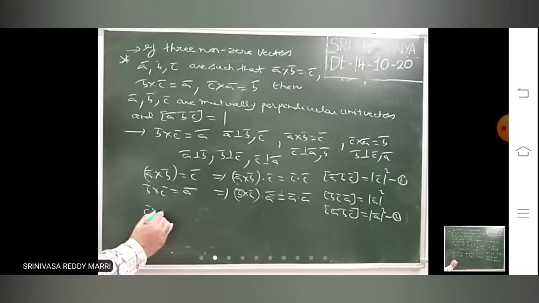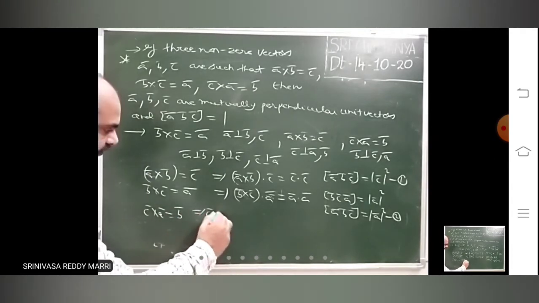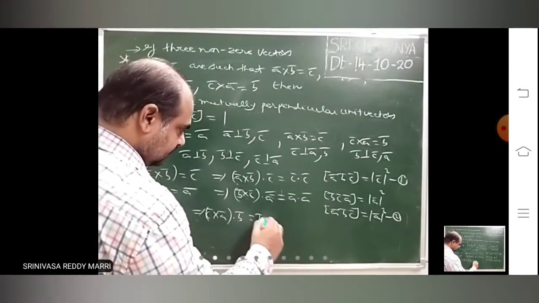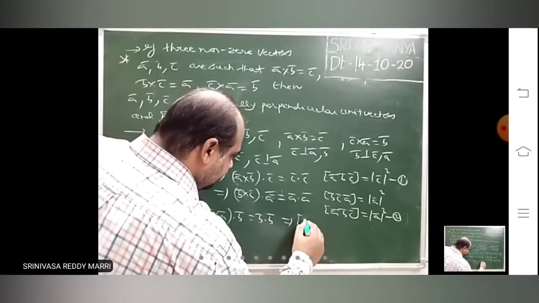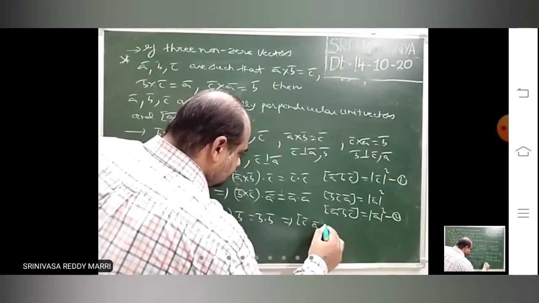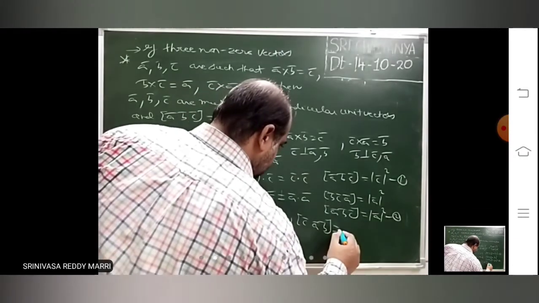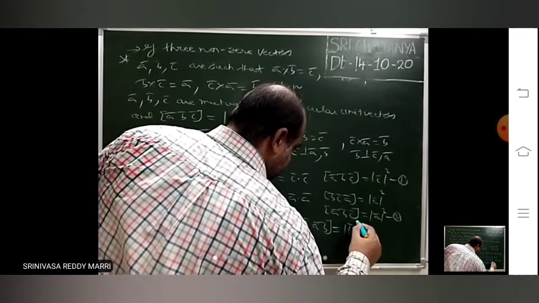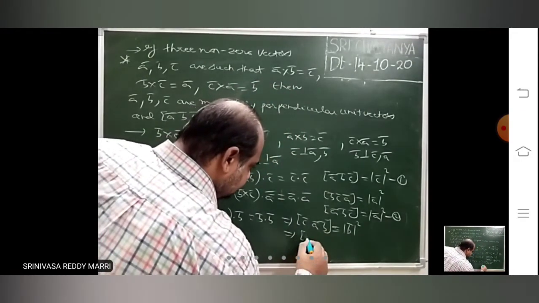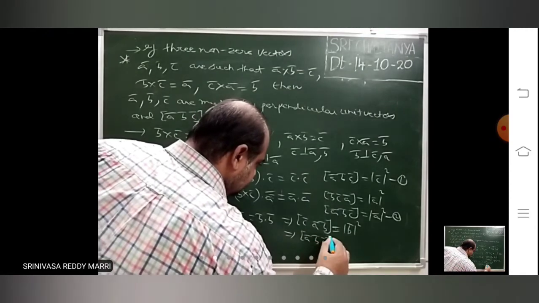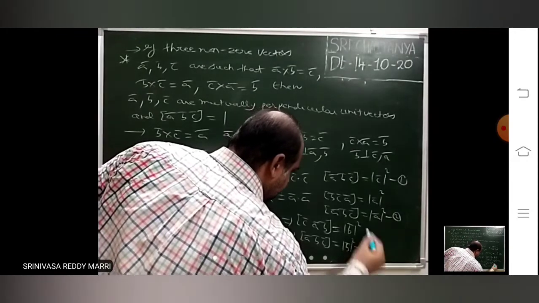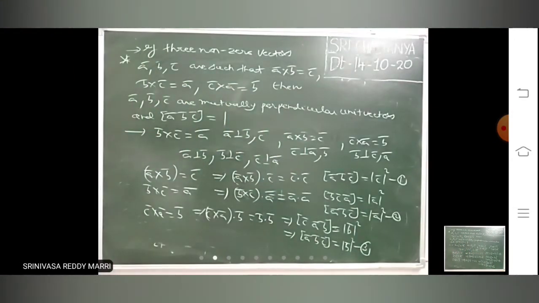So next you take similarly C bar cross A bar equal to B bar. I am doing dot product with B bar on both sides. That implies, is nothing but, box CAB is nothing but box ABC. Let us say this is third equation.